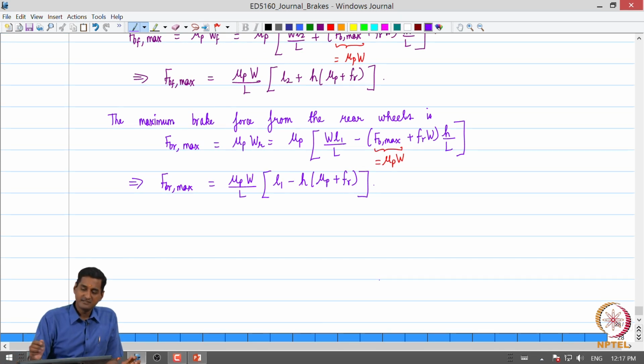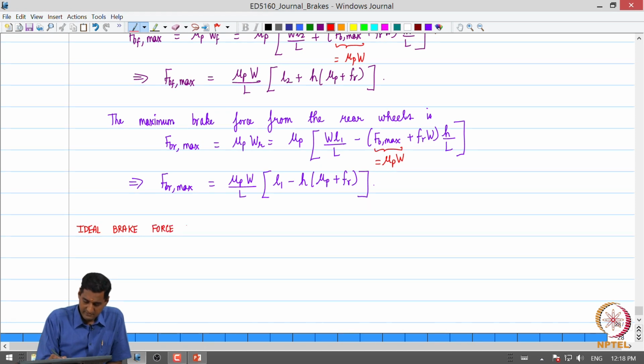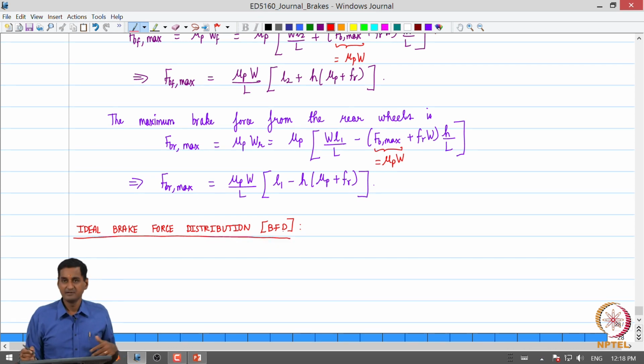Then we define what is called the ideal brake force distribution. Brake force distribution is typically abbreviated as BFD. So what is this ideal brake force distribution?